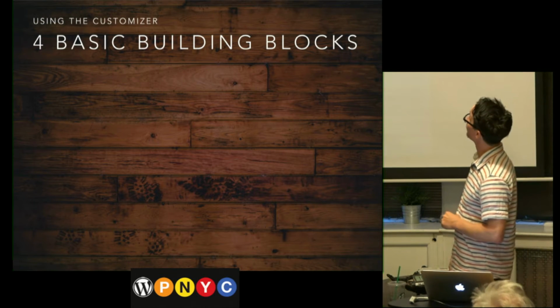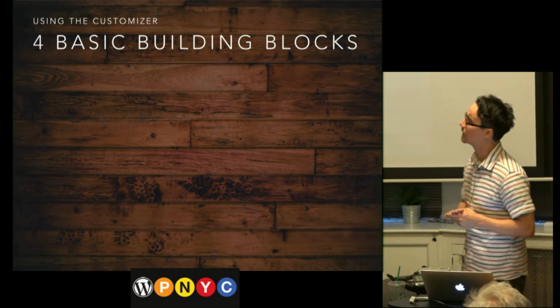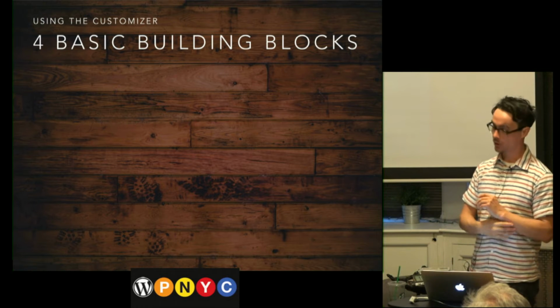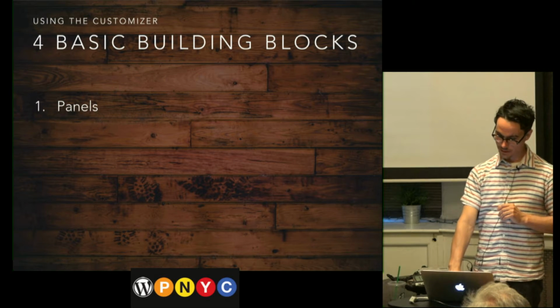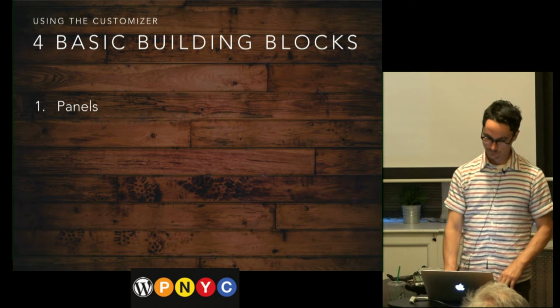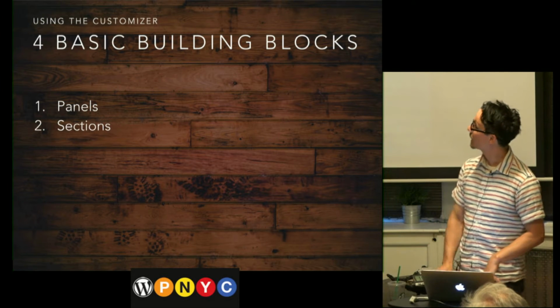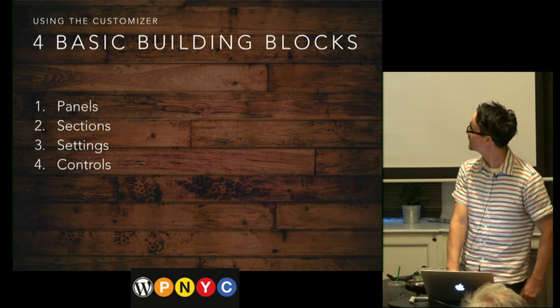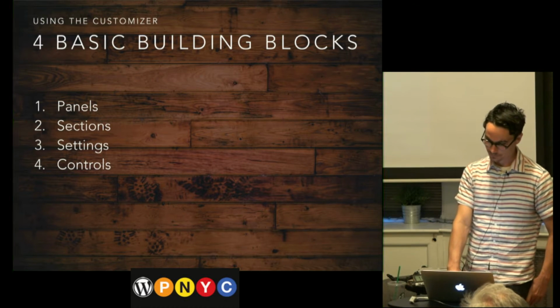So there are 4 basic building blocks for using the customizer in a theme or project that you're working on. The first one is panels. Second one is sections. Then settings and controls.